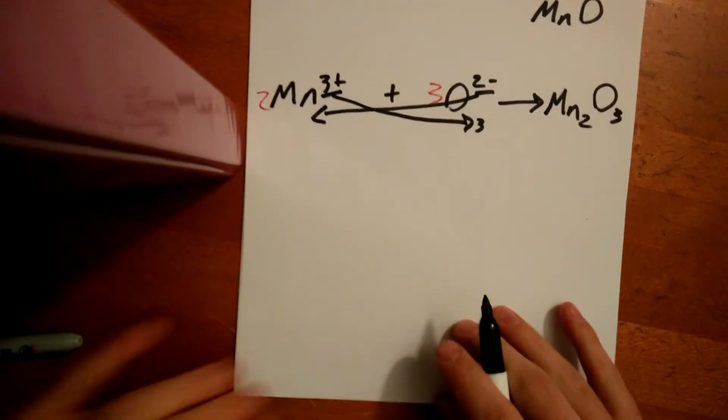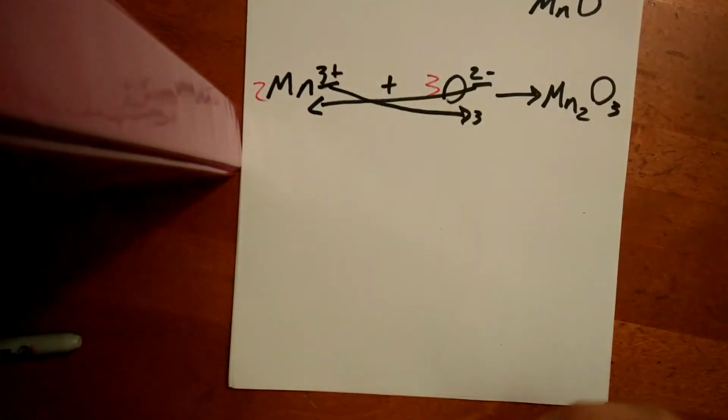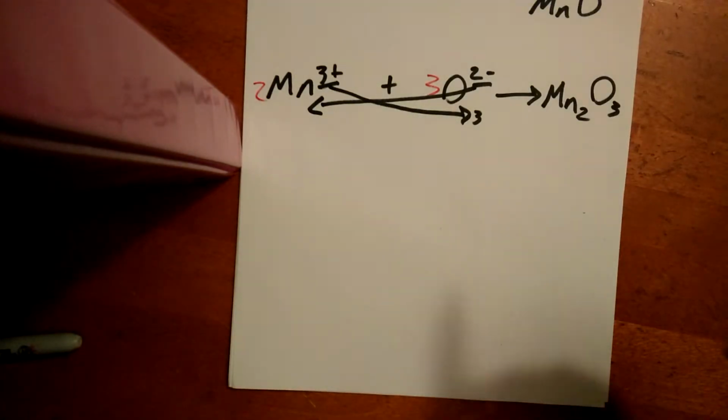So in this case, whenever the metal has more than 1 charge, and it'll normally be something in the middle here. So normally, if it's asking for a metal from the middle of the periodic table here, go and check in case there is more than 1 charge. We're going to use Roman numerals then.